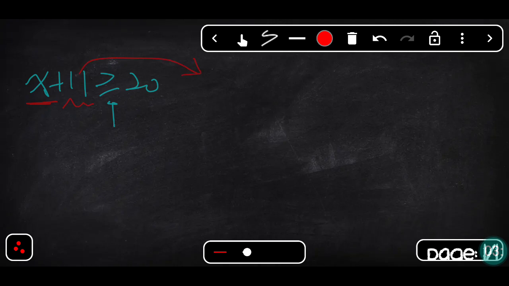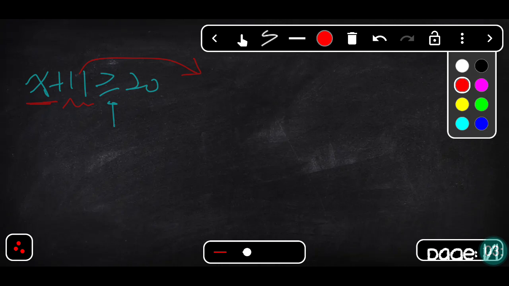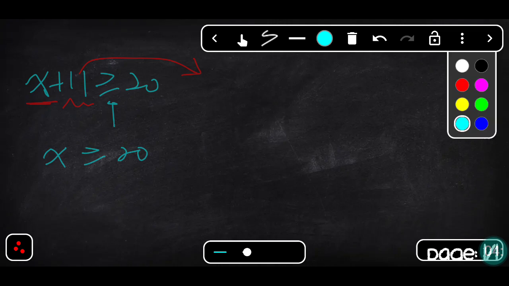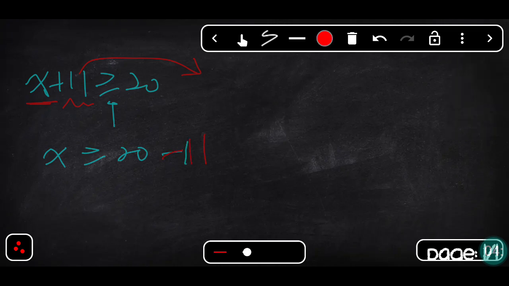Okay, so x is greater than or equal to 20 minus 11. Okay, minus 11. Why? Because it's plus 11. Move to the other side, we change the sign, so it becomes minus 11. Okay, so x is greater than or equal to 20 minus 11, which is 9.